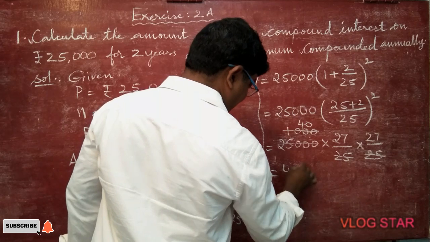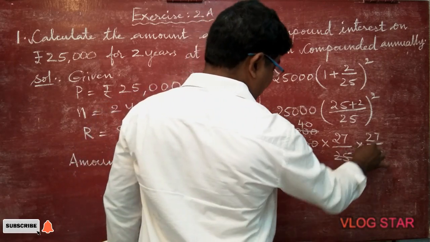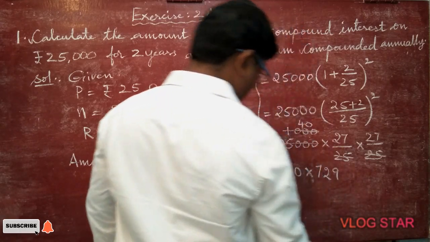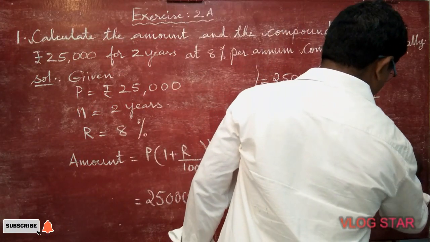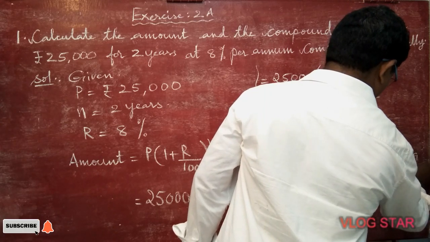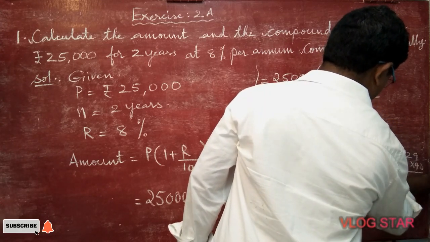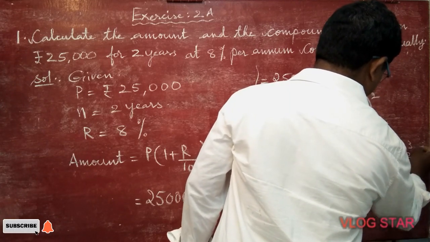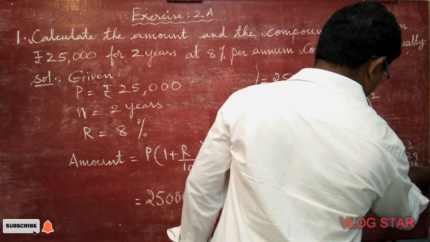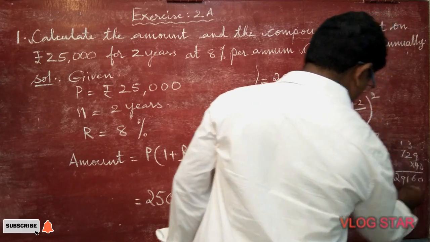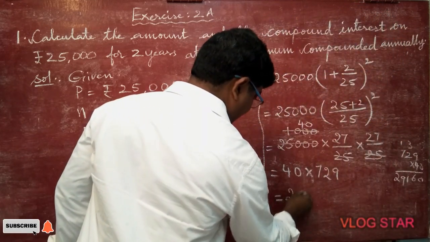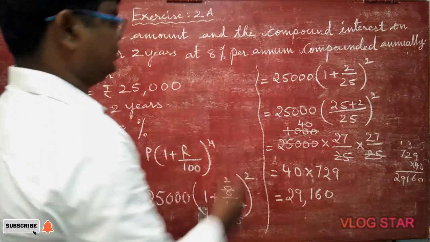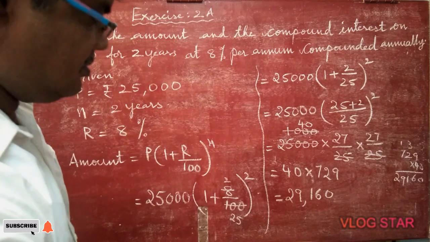So 40 into 27 into 27, that is 729. Multiply 729 into 40, you will get 29,160. What is this one? Amount.